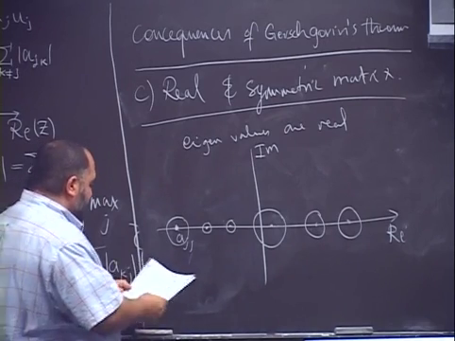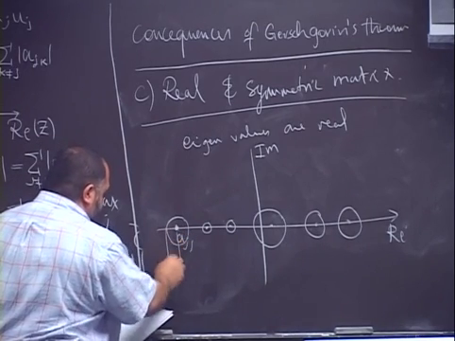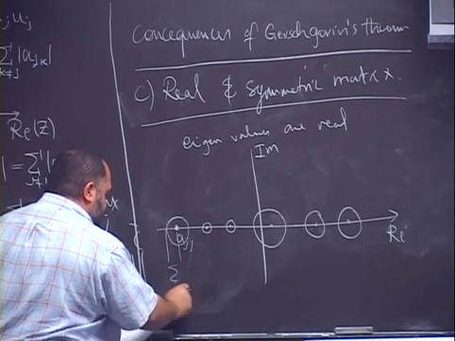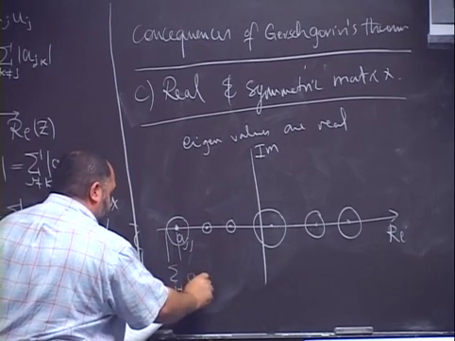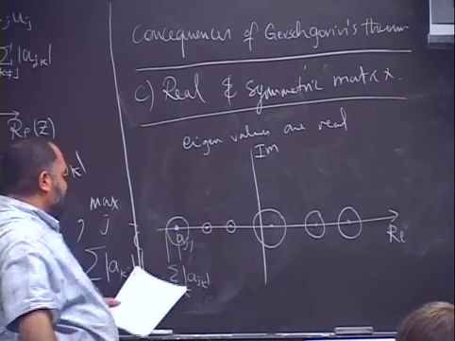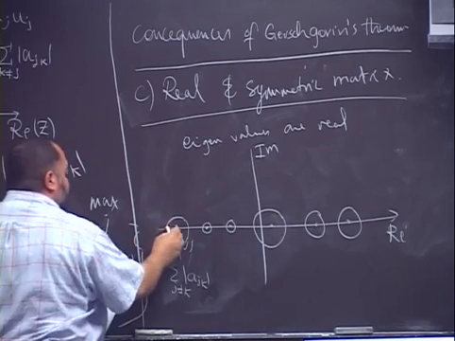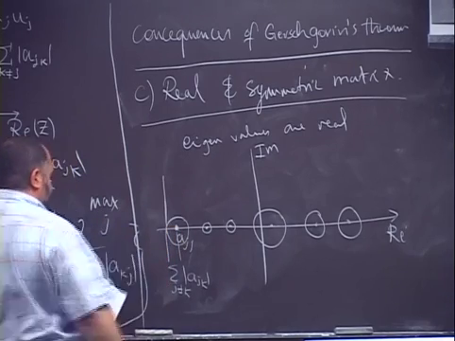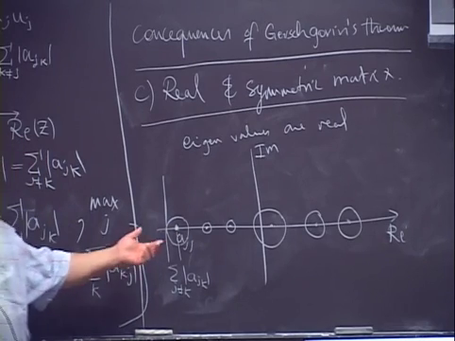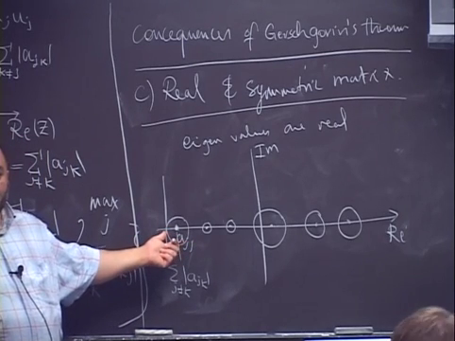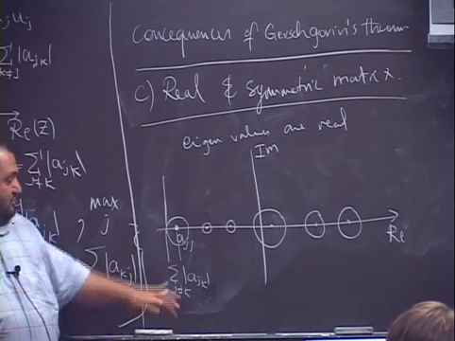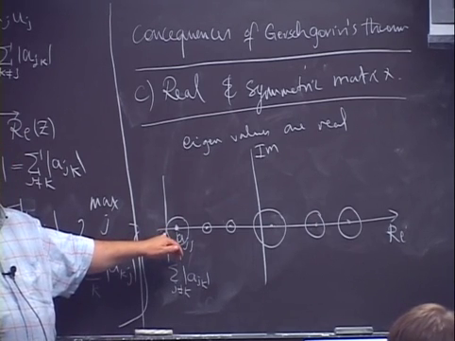And this is the summation when j is not equal to k for a_jk, which is the radius here. And this point here will give me an estimate of the lower bound for lambda i's, because this is the smallest lambda i.